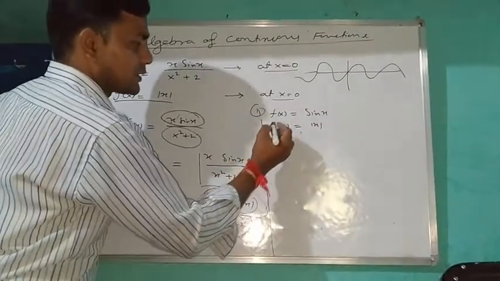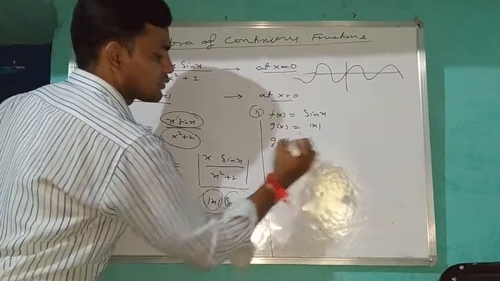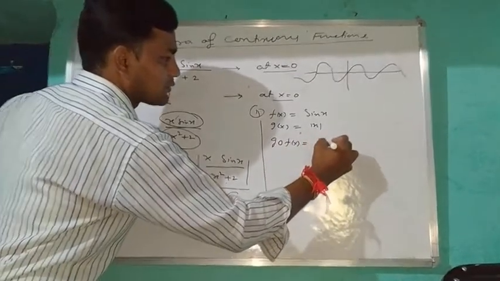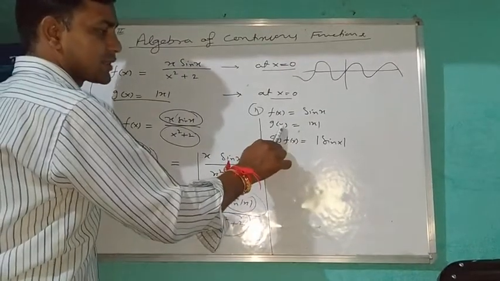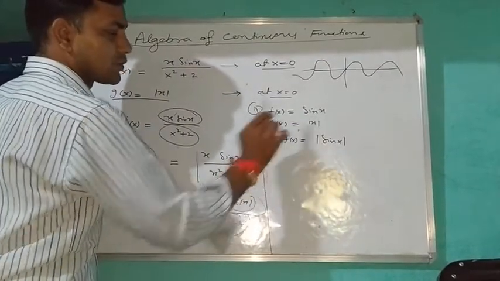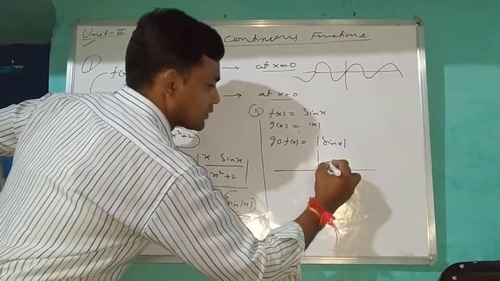When we want to find g operation f of x, it is equal to mod of sin x, when you put f(x) equal to sin x at the place of f(x). Then the graph of this function is this.